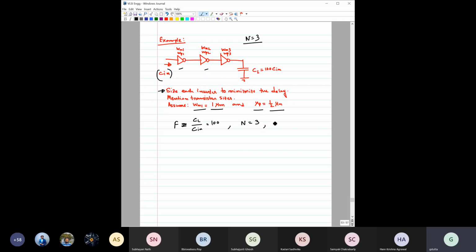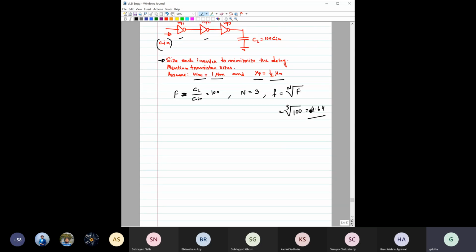Then you need to find the effective fan out, meaning the fan out for each stage, to get the minimum delay. We know the criteria for minimum delay is this, so it should be the cube root of 100, which gives us 4.64, right? So we'll keep it like this only, f equal to 4.64.